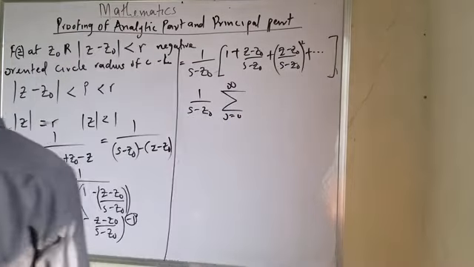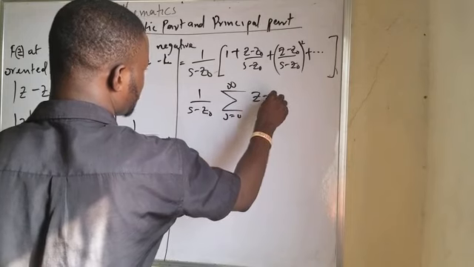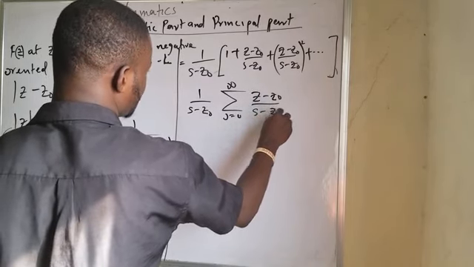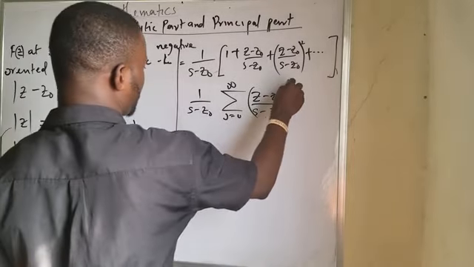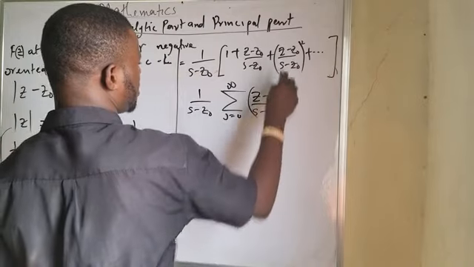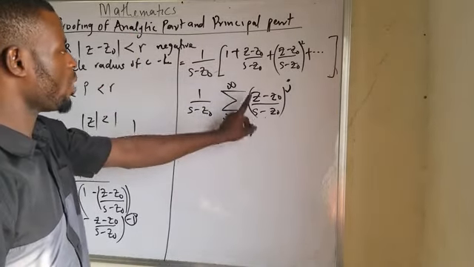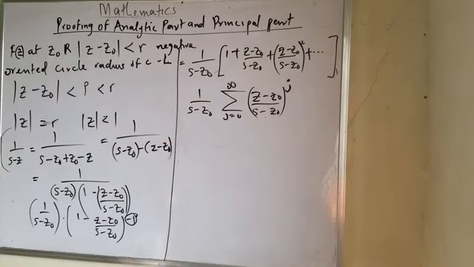It means I can generate z minus z naught divided by x minus z naught. When j is 0, it will be 1. When j is 1, it will be 2, and so on and so forth. That is the nth generation.